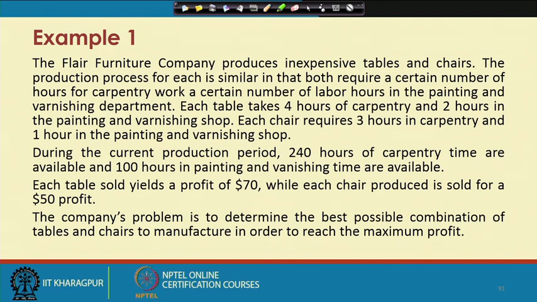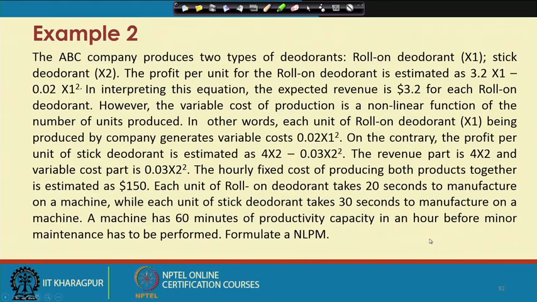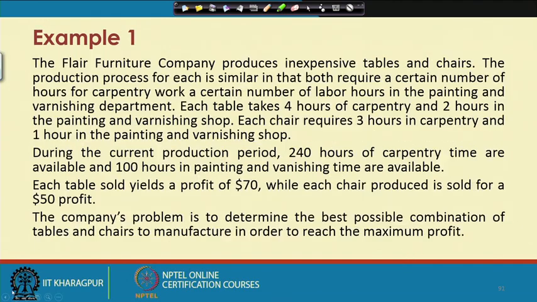I will give you two examples. Example one is a linear programming problem, and the second example is nonlinear programming. The first one is the case of linear programming, where we have two variables.